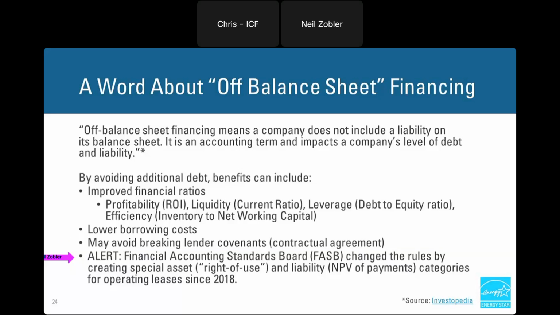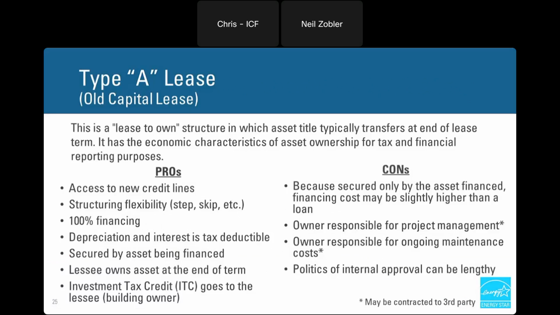And if you're old enough to remember the Enron fiasco, that's really one of the things that triggered the need for quantifying some of the accounting treatment certainly for off-balance sheet transactions. Now, that said, now we can drill it down a little bit.